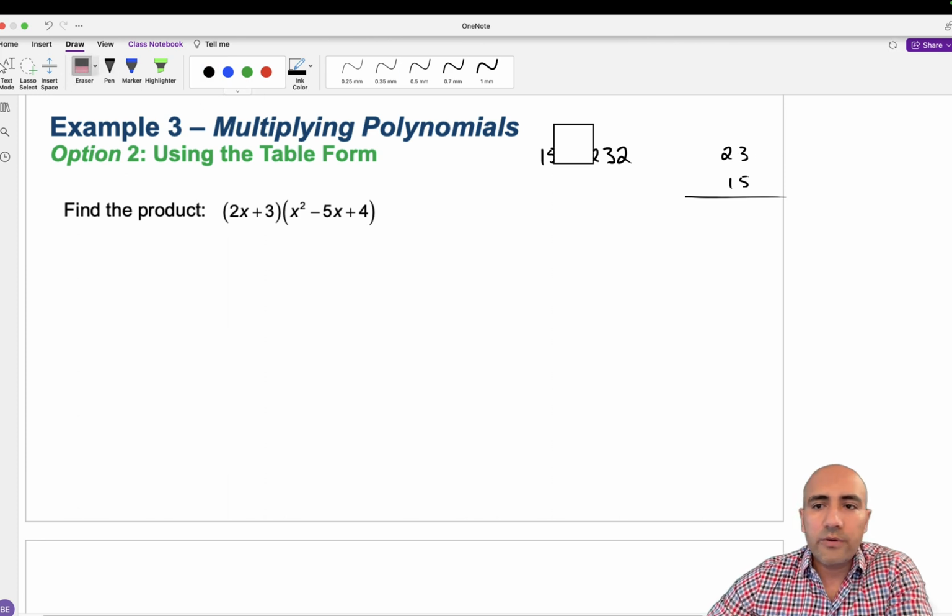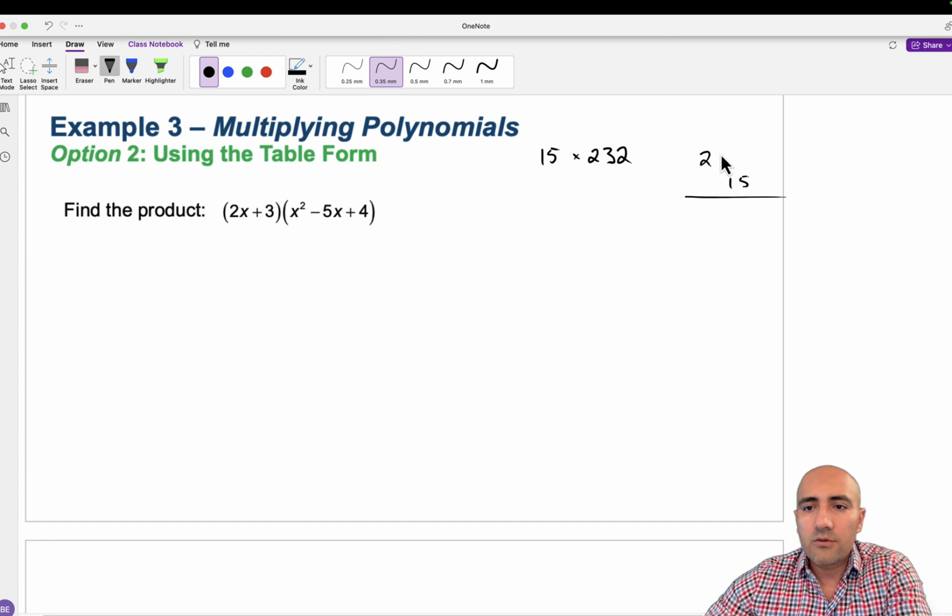Okay, so we would automatically put the largest number on top, 232, like this, right? And then we take turns taking the 5, multiplying it by each of these terms. So that would be 10, that would be 0, carry a 1. 15 plus 1 makes it 16. So that's 6, carry a 1. And then 10 plus 1 makes it 11.